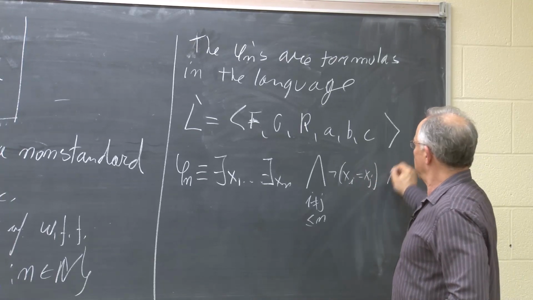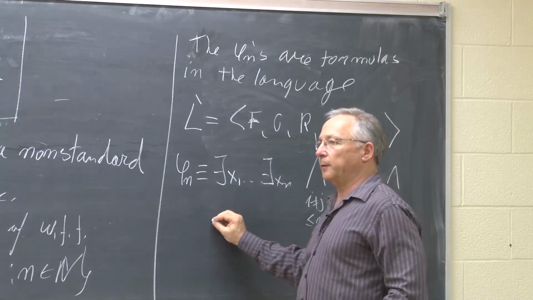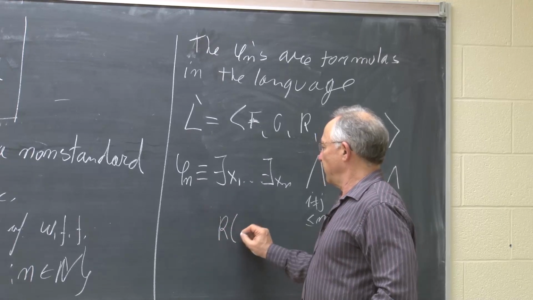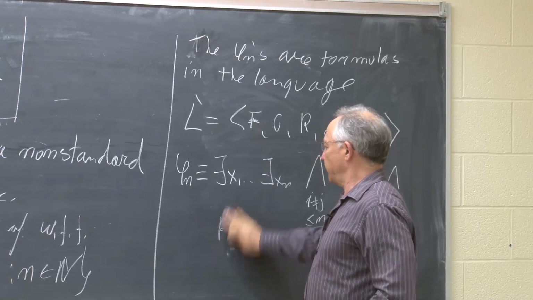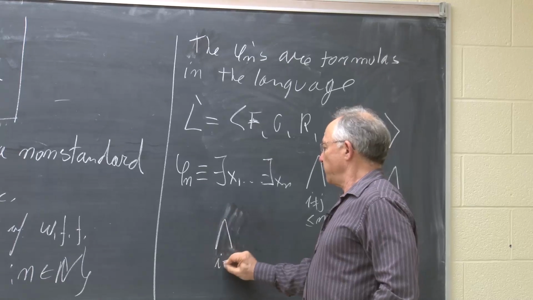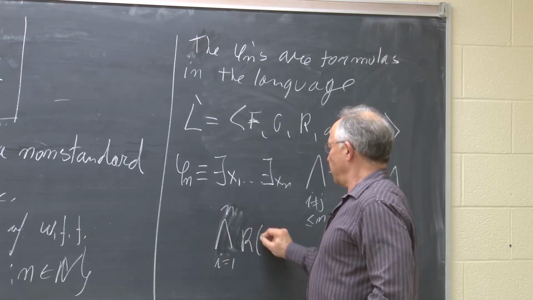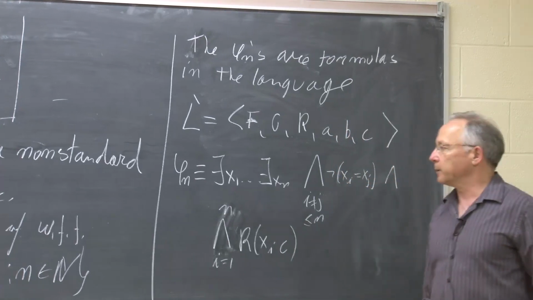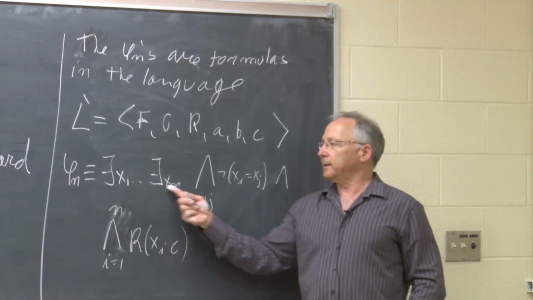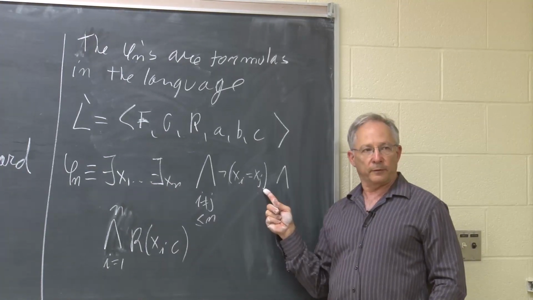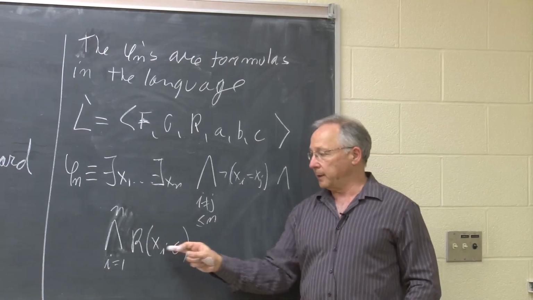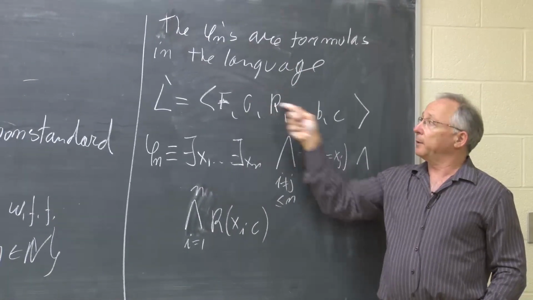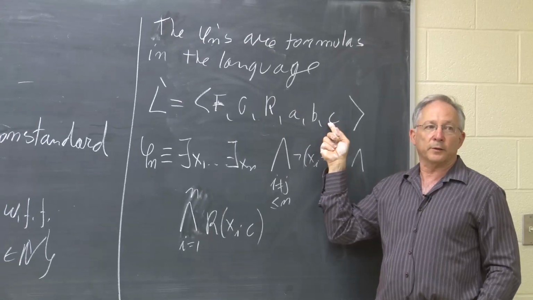And on top of it, the formula will require that for all i from 1 to n, R of xi, c. So that's my formula. What does the formula say? It says there exist n elements, they're all different, and each of them is less than c. I can write it because c is now a member of my new language, so I can write formulas using c.